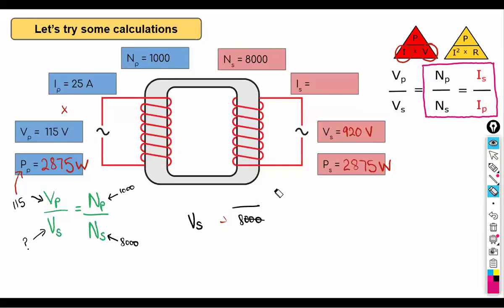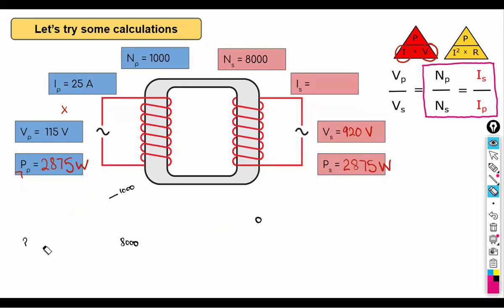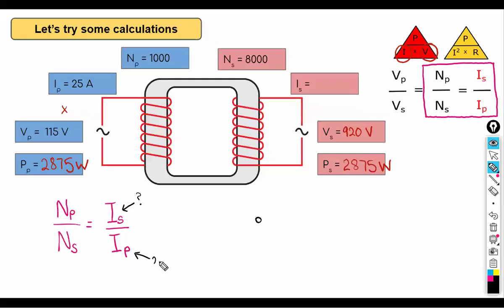So let me clear the space here, right? Since we're using the other part of the formula, I boxed it off in a nice purple. We're using NP on NS is equal to IS on IP. IS, we don't know. IP is 25. NP is 1,000 and NS is 8,000. 1,000 divided by 8,000, obviously the zeros will disappear.